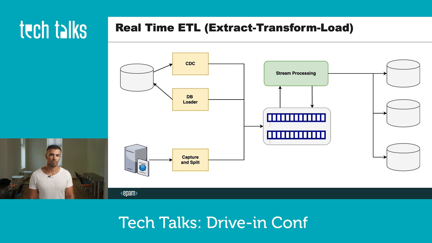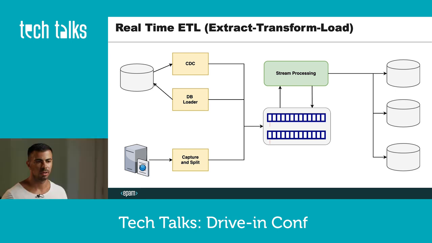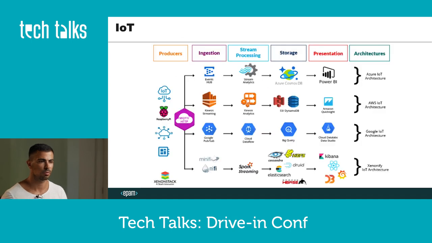And we can even capture files, for example, uploaded to SFTP servers or to storage on the public cloud. Once we capture new files, when we receive events or we listen on the file system, we can split the file into multiple events that could then be processed by the stream processing framework.